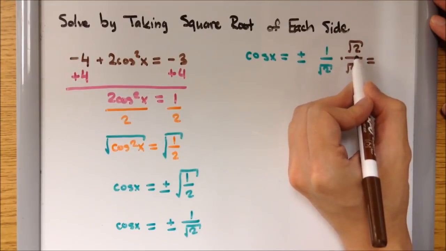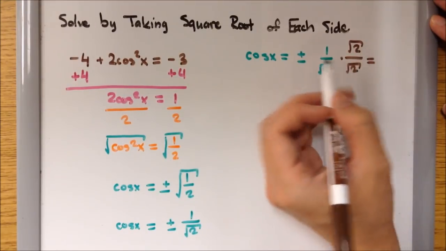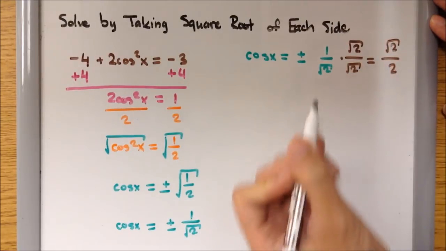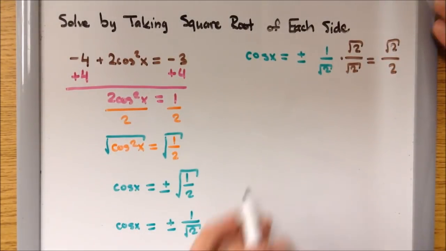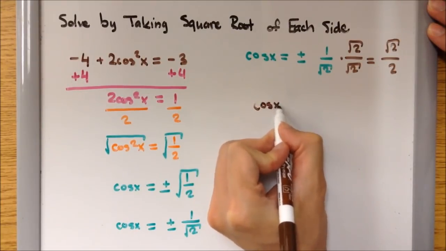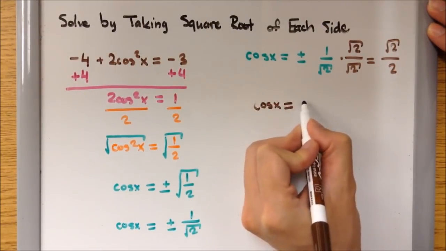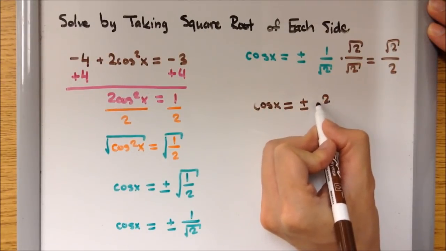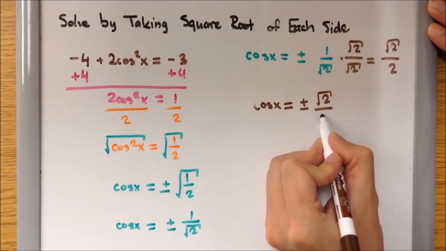So when we multiply square root of 2 to the numerator and the denominator, it will be square root of 2 over 2. So we're basically looking for the angle of x when cosine of x equals positive and negative square root of 2 over 2.